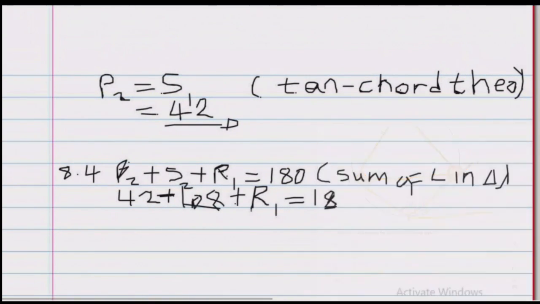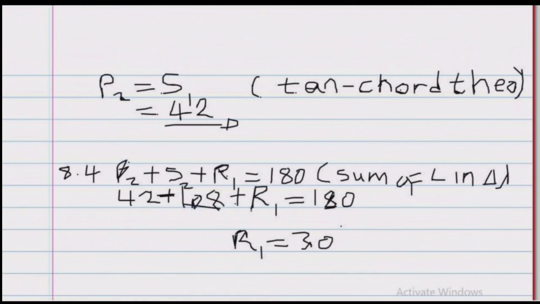Now R1 would equal, if we take everything on the other side, 180 minus 42 minus 108, which would give me 30. So the size of R1 would be 30 degrees.